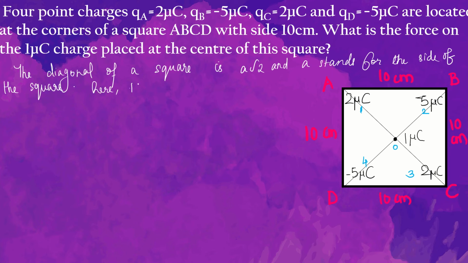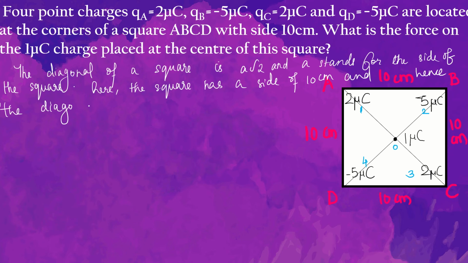Here the square has a side of 10 centimeter and hence the diagonals AC and BD will be 10 root 2 centimeter.